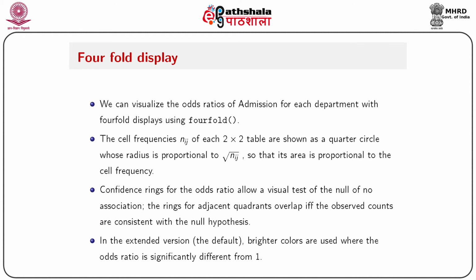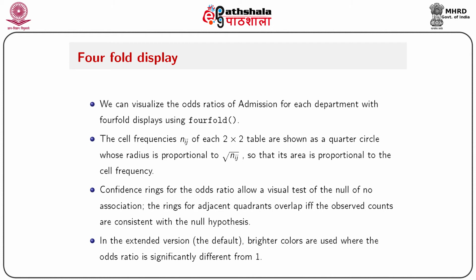We can visualize the odds ratio of admission for each department with the fourfold display, using the very useful fourfold function. The cell frequency nij of each 2 by 2 table is shown as a quarter circle whose radius is proportional to the square root of nij, so that its area is proportional to the cell frequency.